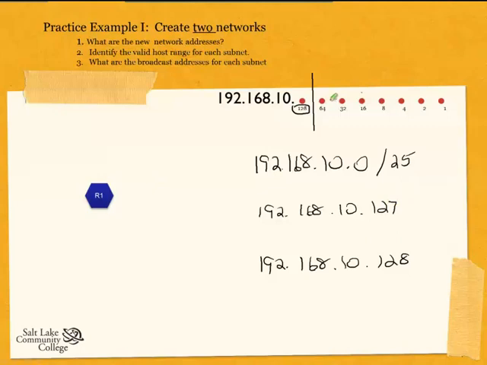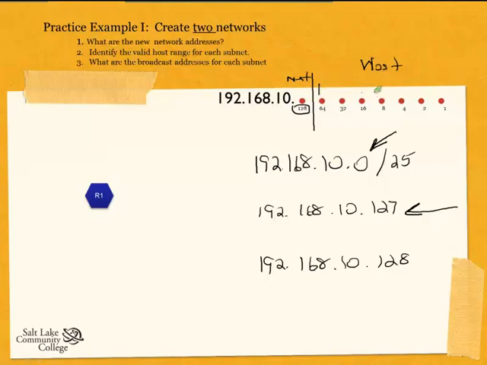Remember, what's the rule for the broadcast in an IP address? The rule is all bits must be on in the host range. Now remember, we've just taken this bit for network, so it's part of the network now. The host bits are over here. And I'm saying that 127 is the broadcast for the 0 network. Well, if we turn these bits on and add them up, we should come up with 127.